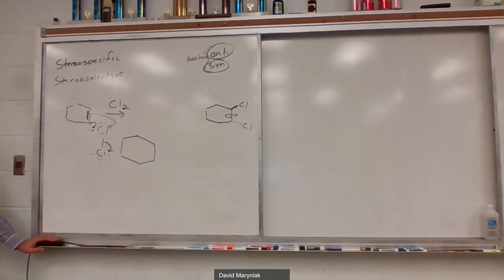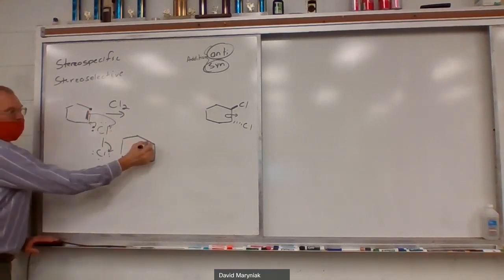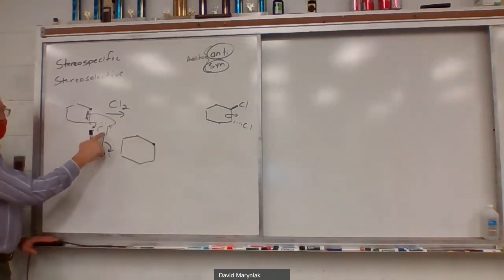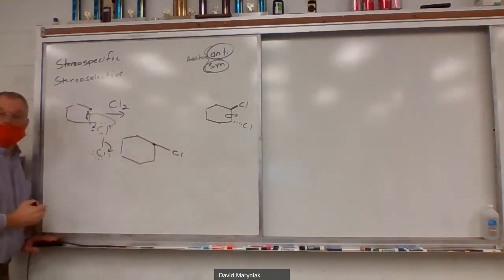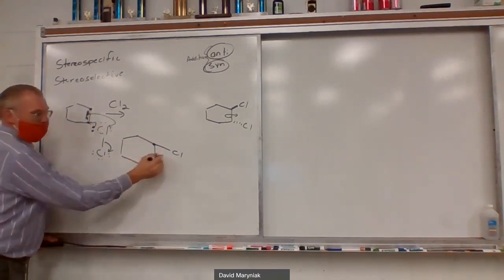So this nucleophile is going to make a new bond between that C, which is that C, and this Cl, like so. And this pair is going to make a bond between that same Cl and this C, which is that C.